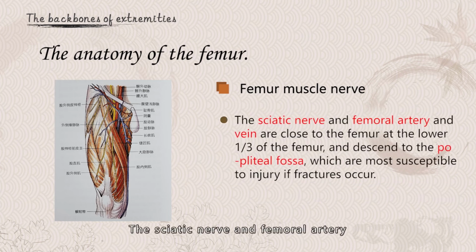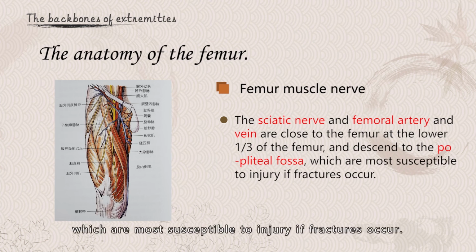The sciatic nerve and femoral artery and vein are close to the femur at the lower one-third of the femur and descend to the popliteal fossa, and are most susceptible to injury if fractures occur.